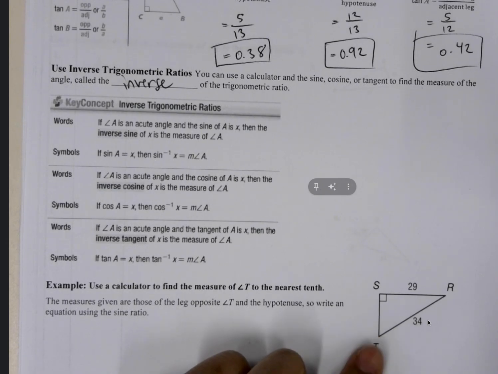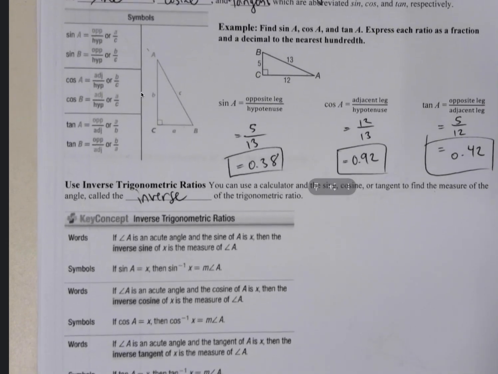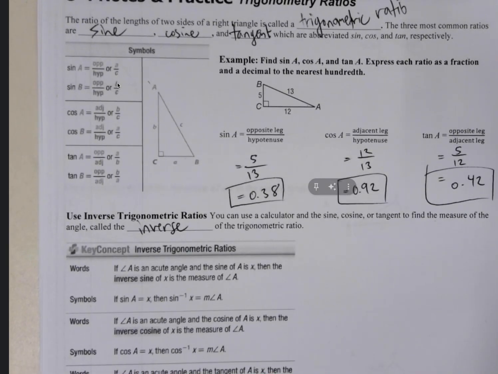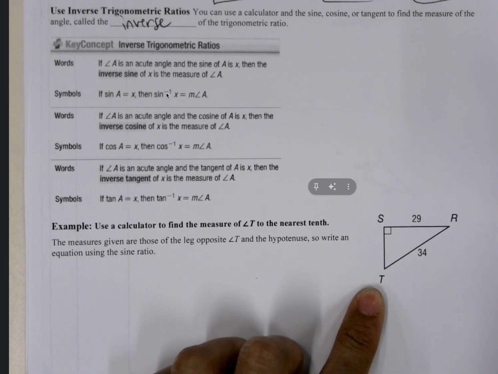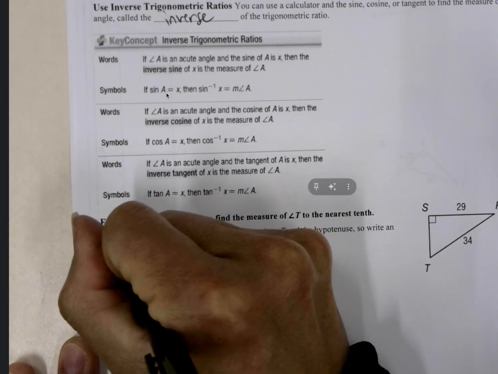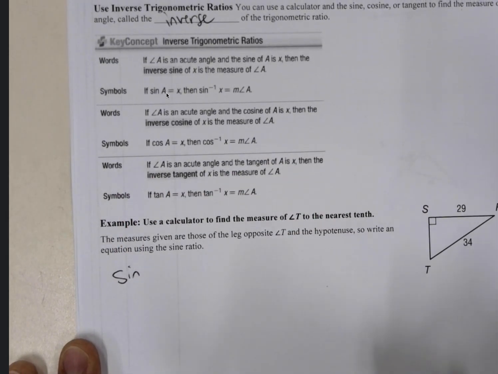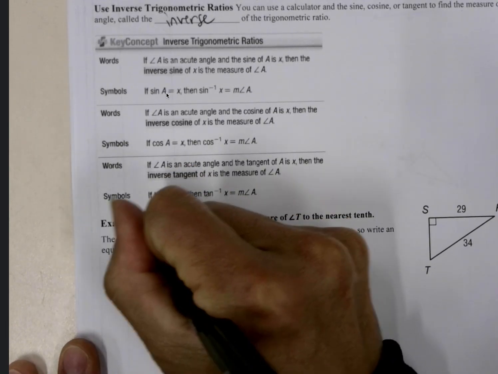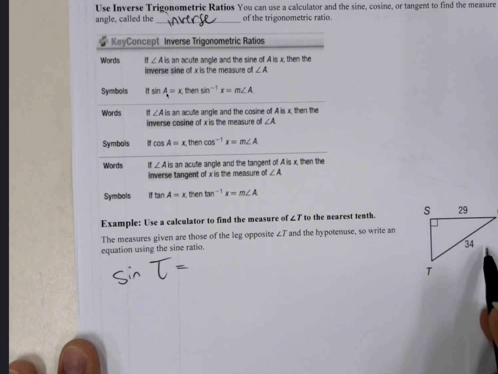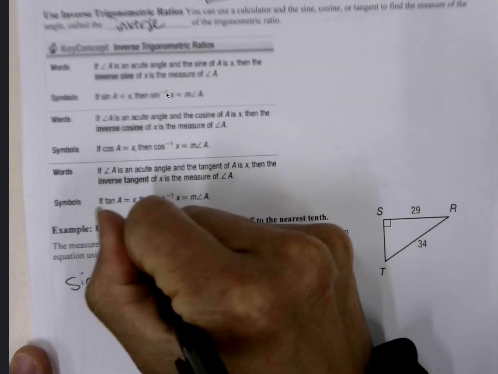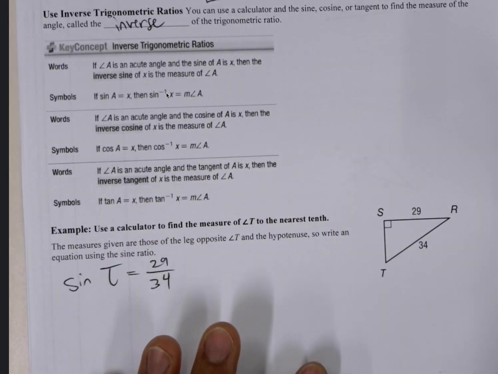So if we come over to our ratios, what one has opposite and hypotenuse? That's sine. It's opposite over hypotenuse, right? So I'm going to go ahead and use sine for this one. So I'm going to say sine of T is equal to opposite over hypotenuse, which is 29 over 34.